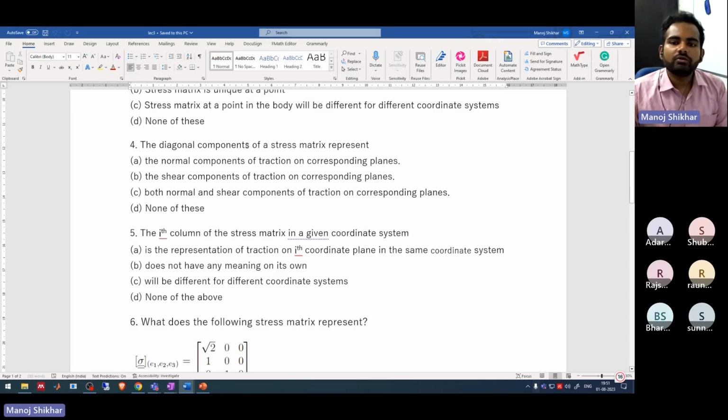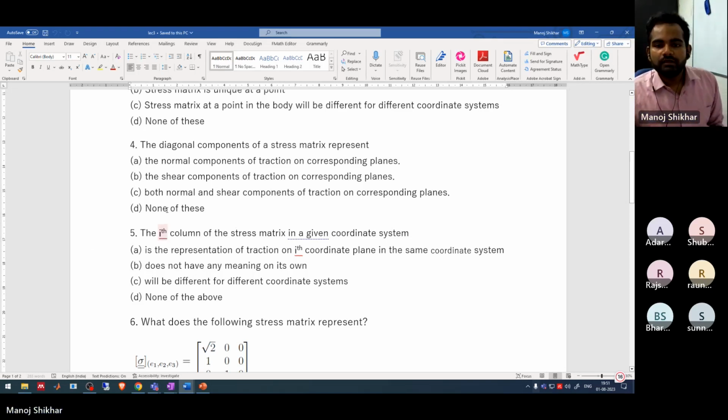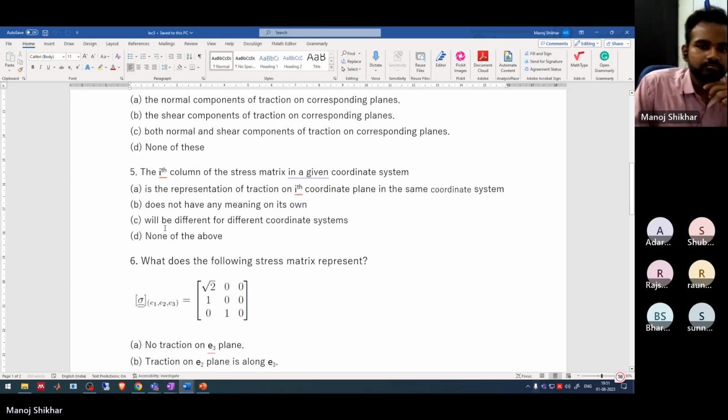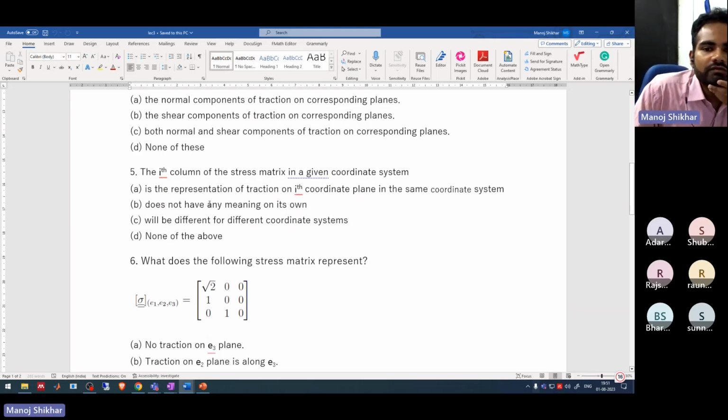Fourth, the diagonal components of a stress matrix represent the normal components of traction on corresponding planes. True. Only the first option is true, because shear components are represented by the off-diagonal elements. The ith column of the stress matrix in a given coordinate system is the representation of traction on the ith coordinate plane in the same coordinate system.